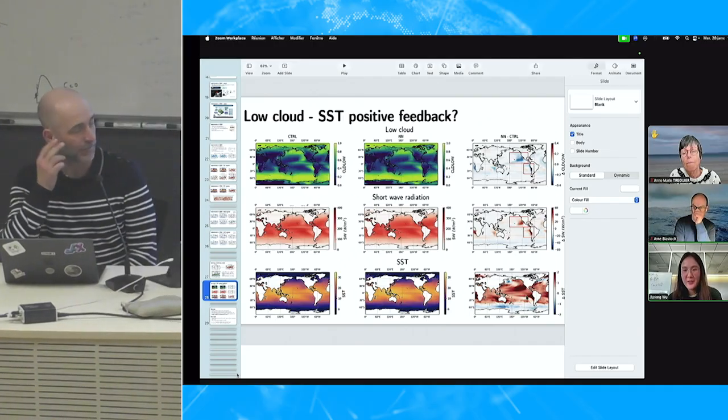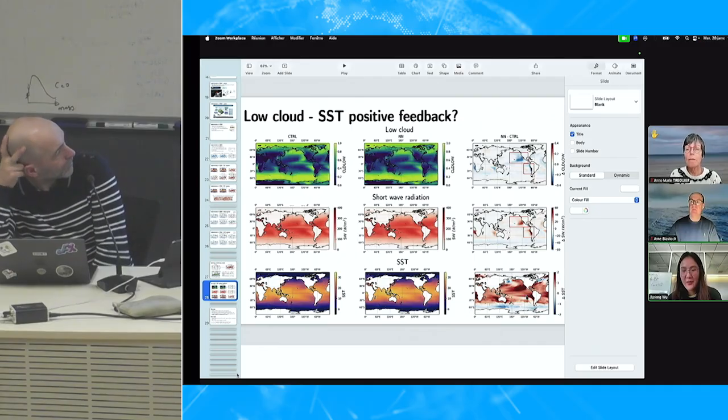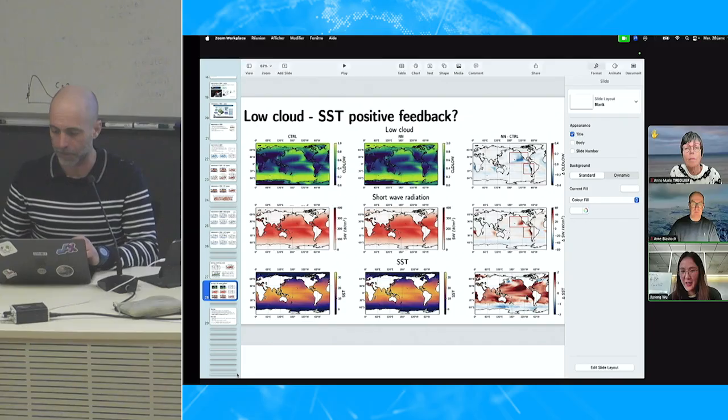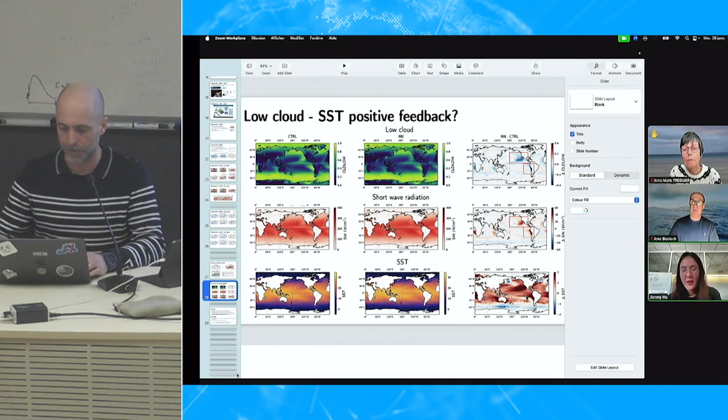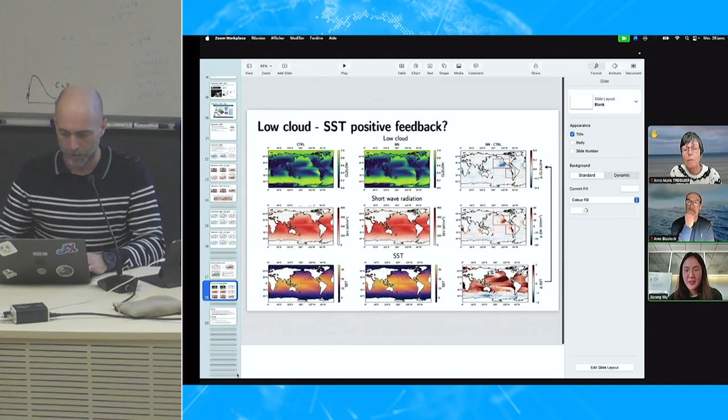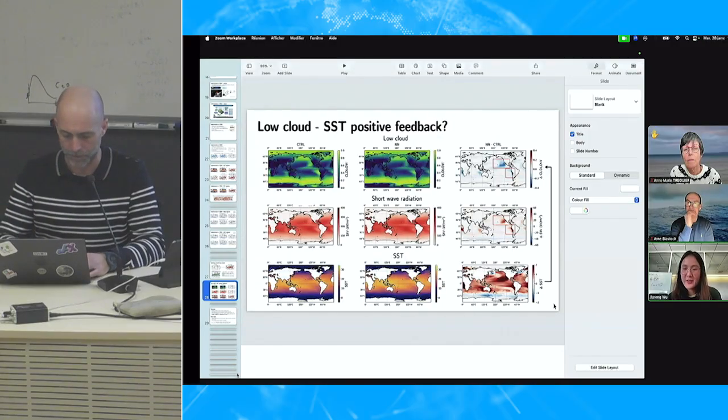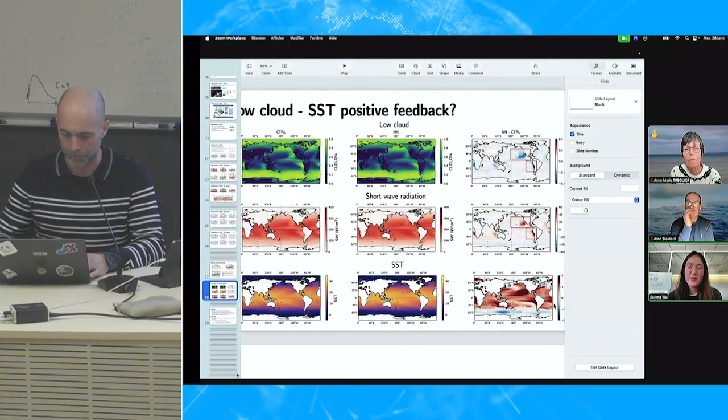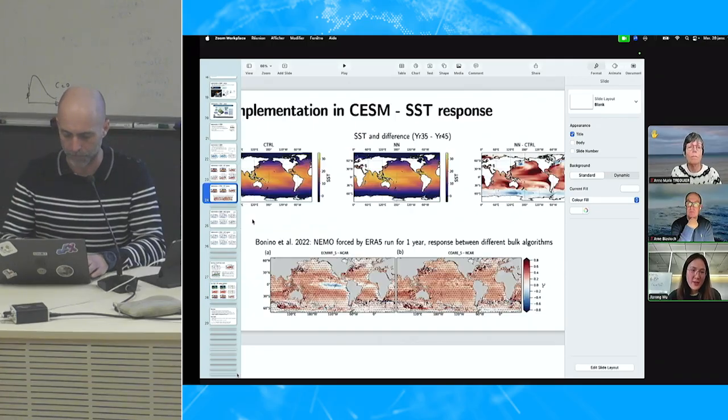It's a positive feedback loop where when you have higher SST, you have less low cloud, and then you have more radiation from the sun, and it keeps warming. First, this is a little bit speculative at this point. We think that maybe because of this, we're seeing such a large change in SST. It's larger than the purely forced NEMO run.